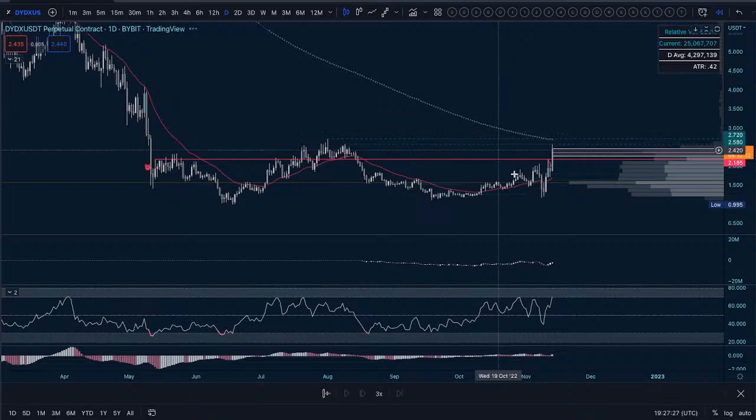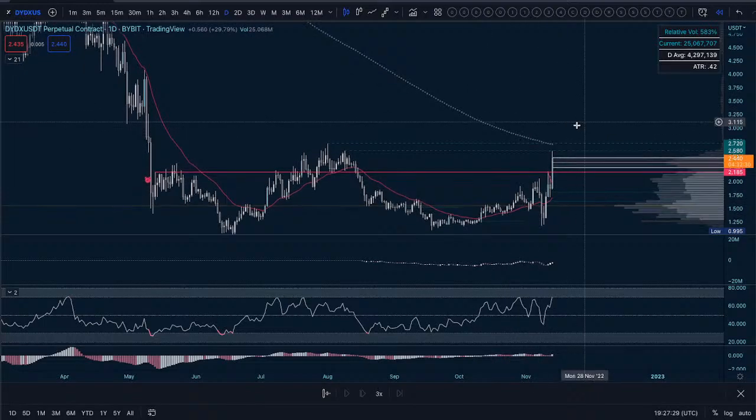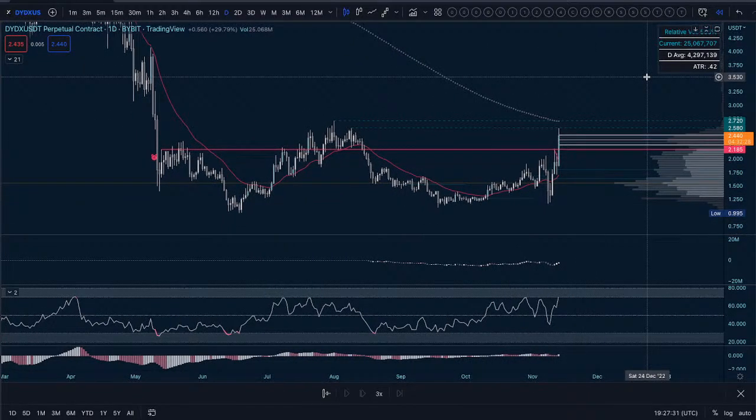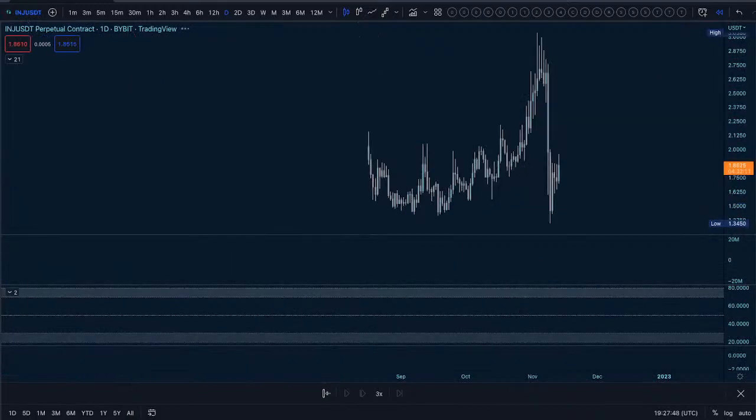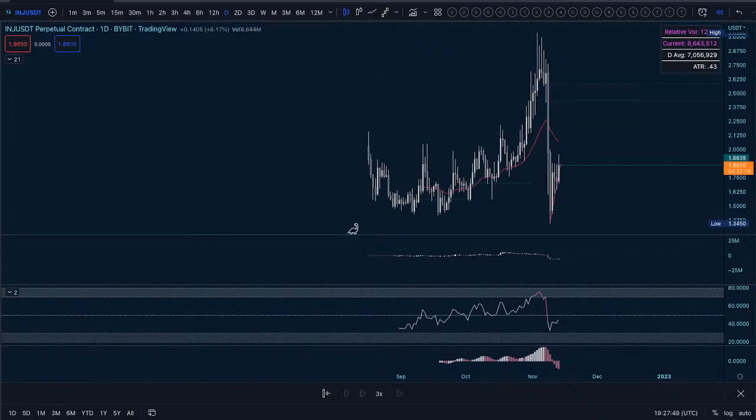Look at the volume. It's 5 times the usual daily volume now. So there's so much going on here. And the Injective token, not so much.